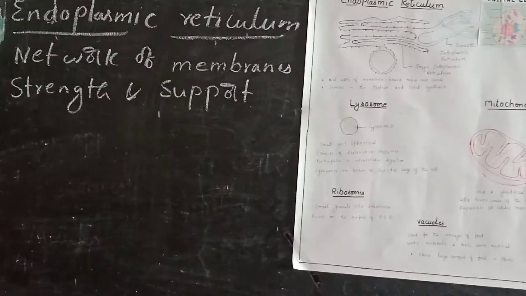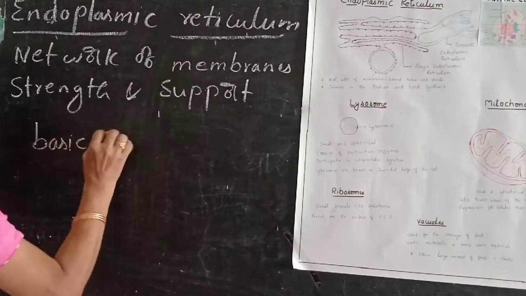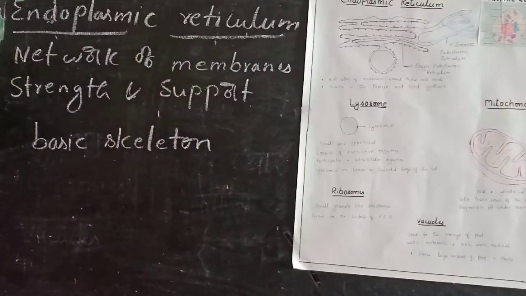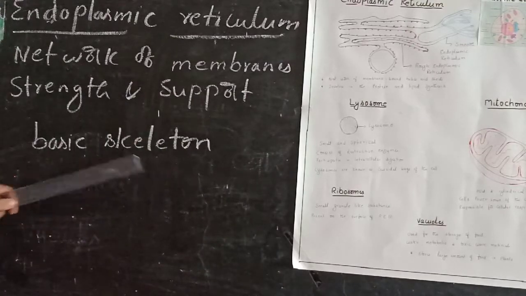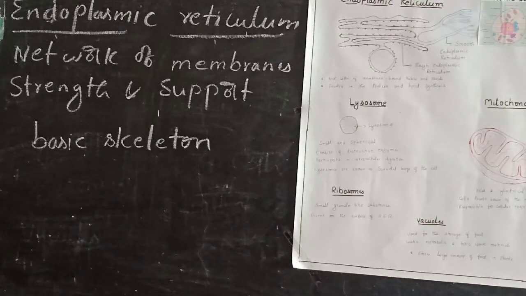And it also forms the basic skeleton. It is connected to nucleus and to other parts of the cell. Endoplasmic reticulum is of two types.